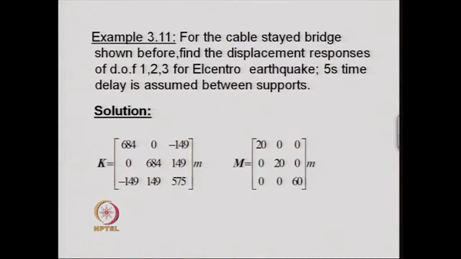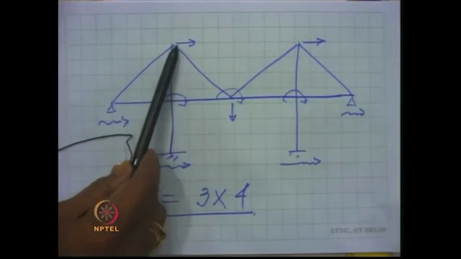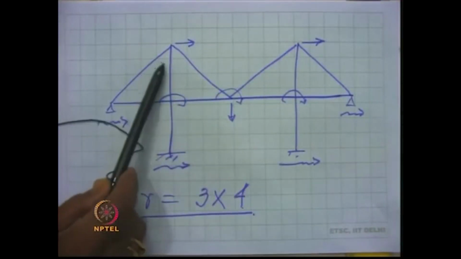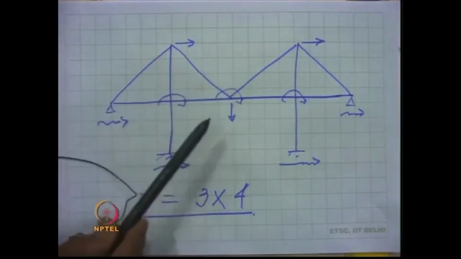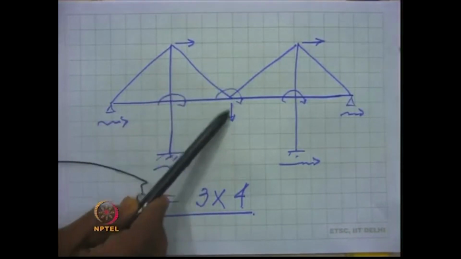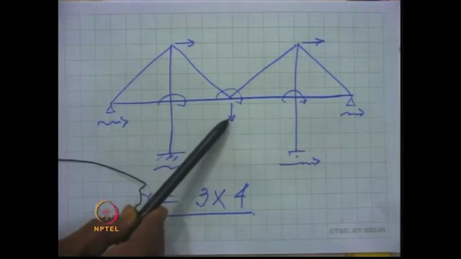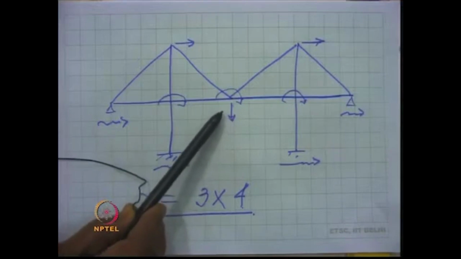The dynamic degrees of freedom that we identified are two displacements at the top of the tower and a vertical displacement at the middle of the deck.